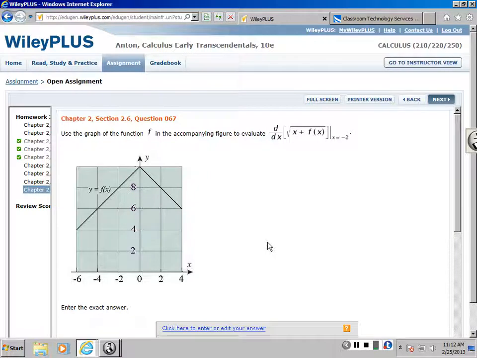This would be 10, 8. So your function is the derivative with respect to x of the square root of x plus the value of the function at x, and you want to evaluate that at x equals -2. Sorry, in this example, you're doing it at -2.